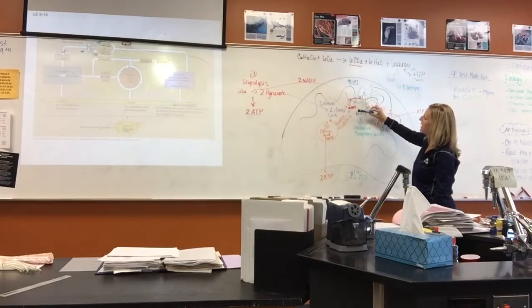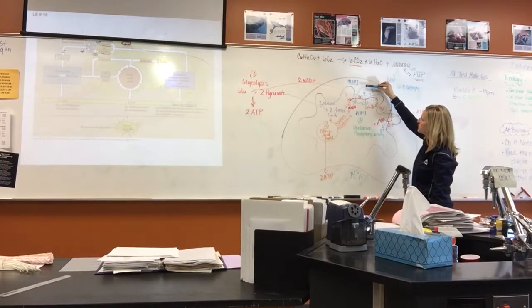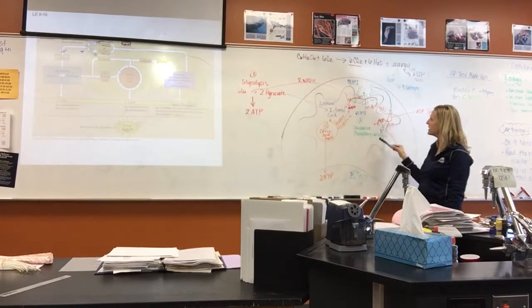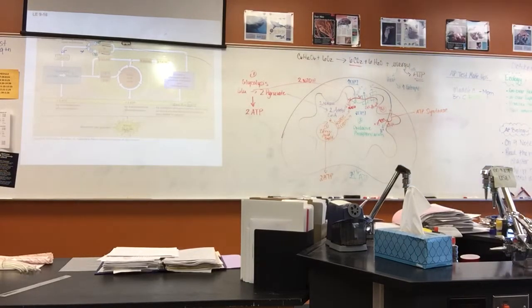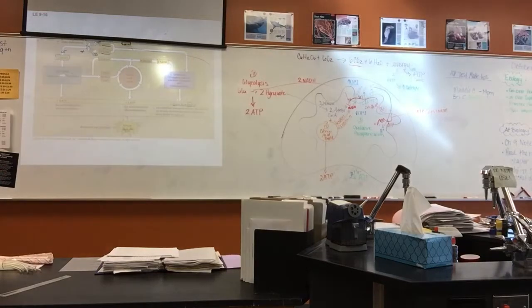They now think that it's possible that as the electrons move through for 1 NADH, 10 H pluses diffuse through, and they're still up in the air about how many H pluses have to diffuse back through to make 1 ATP. Some people think it's 2.5, so it's not even whole numbers. So they're still researching that, but for simplistic sake, this is what we're going with: a maximum of 3 per NADH.